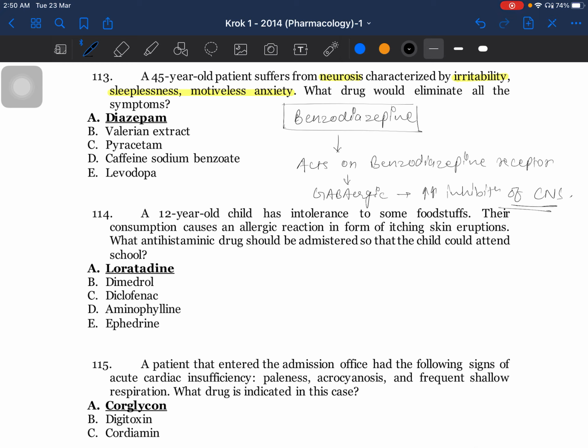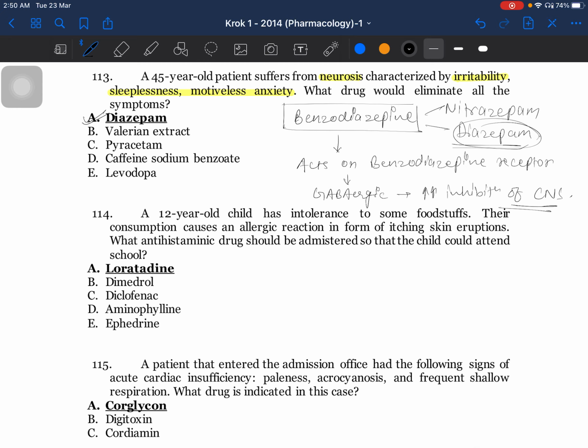So the drugs under benzodiazepines are nitrazepam and diazepam, and we have diazepam in the options, so the answer is diazepam.